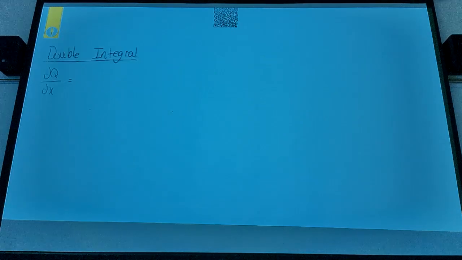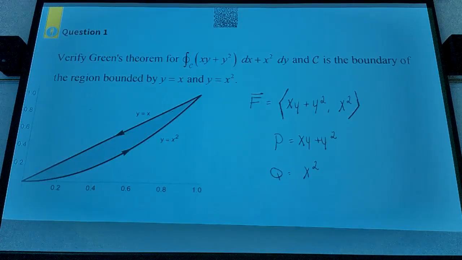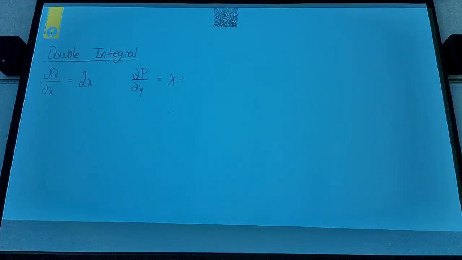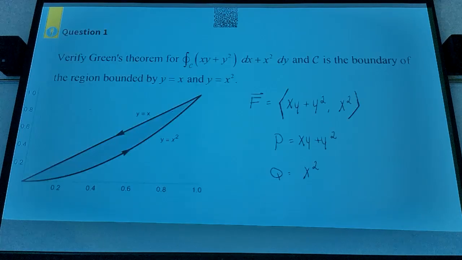What's partial P, partial y? We also need a description for the region. So now it's going to require you to go back to when we studied double integrals. See what I said? This is tying everything that we've done in calculus all together.